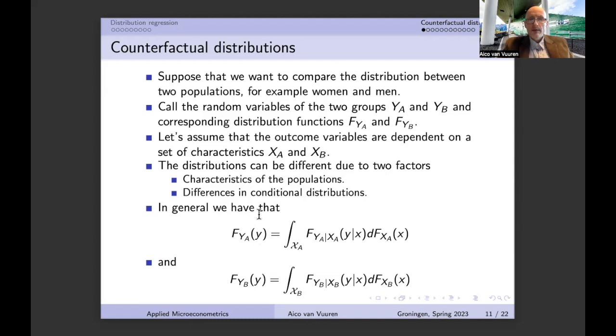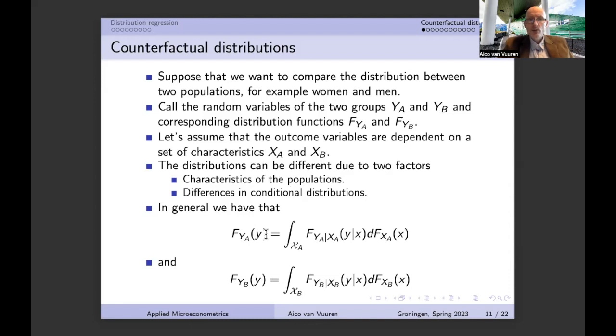Generally, we know that any distribution function, this is the unconditional distribution function, in this case of the A population, can be written as an integral over the characteristics of the A population, where we integrate over the conditional distribution, so no longer the unconditional, but now the conditional distribution, multiplied by the density of those characteristics.